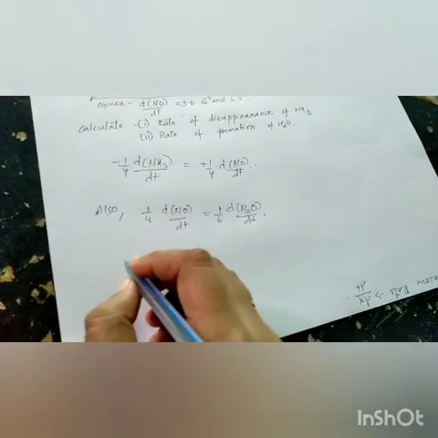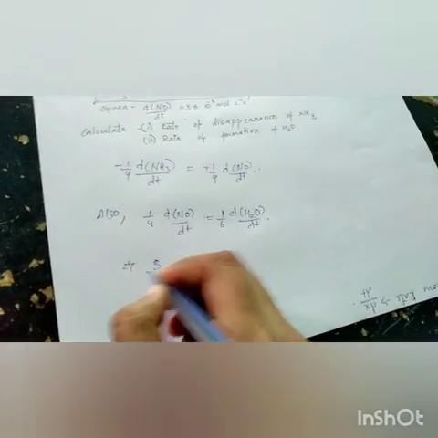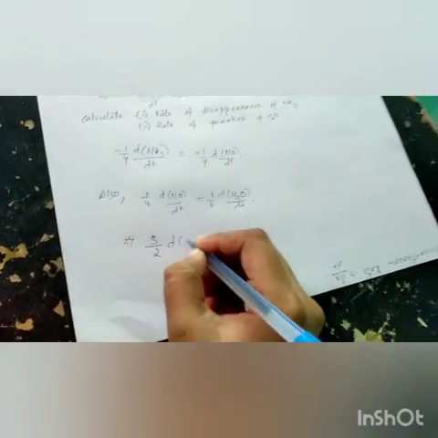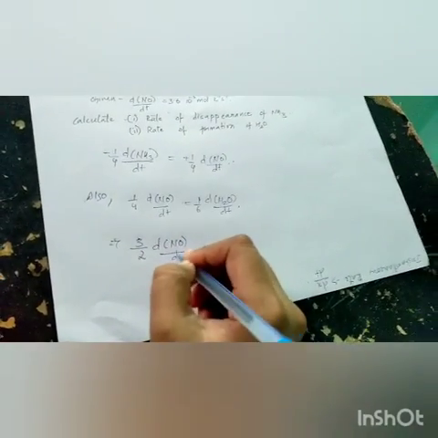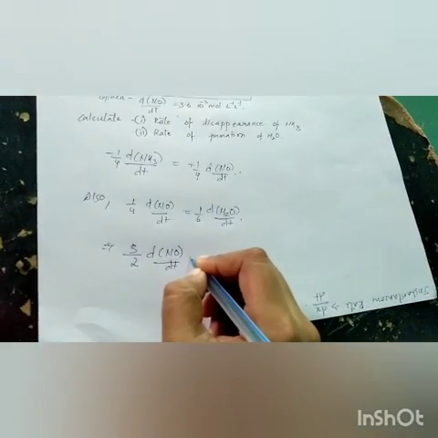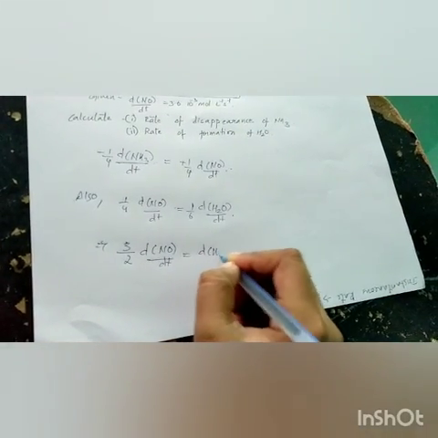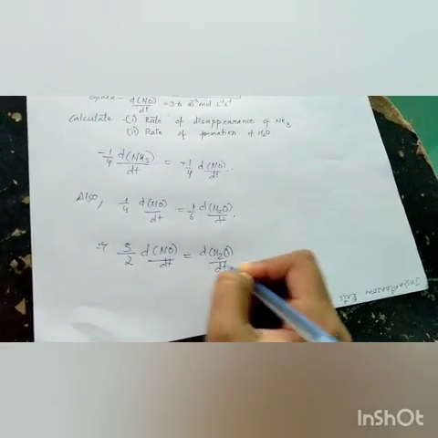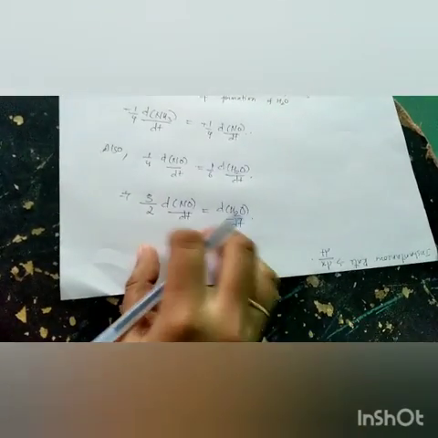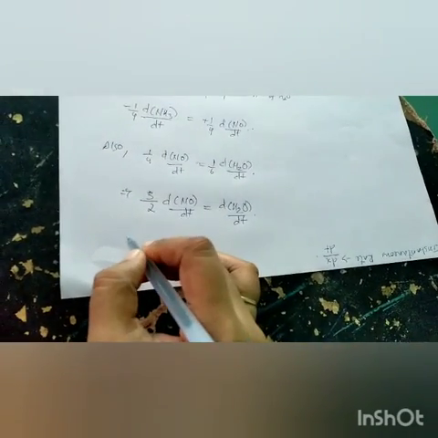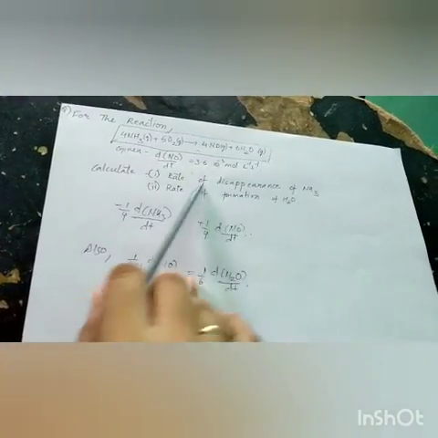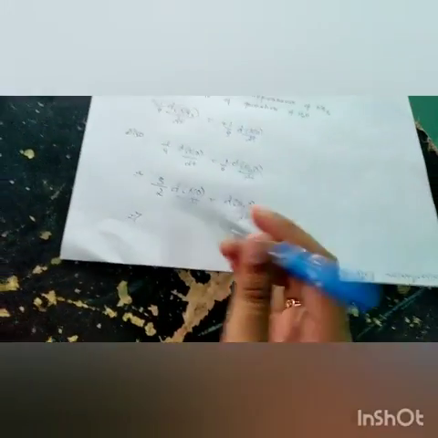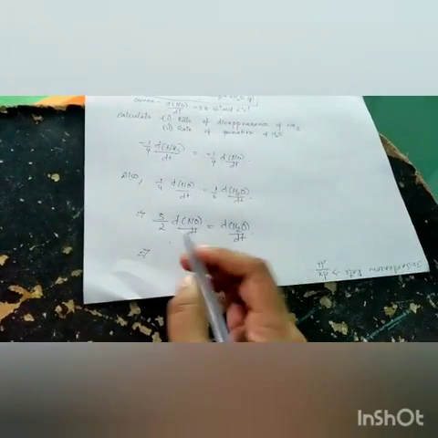Now you calculate that, you get 3 by 2 d[NO]/dt is equal to d[H2O]/dt. And they gave d[NO]/dt as 3.6 into 10 power minus 3 mole liter inverse second inverse.